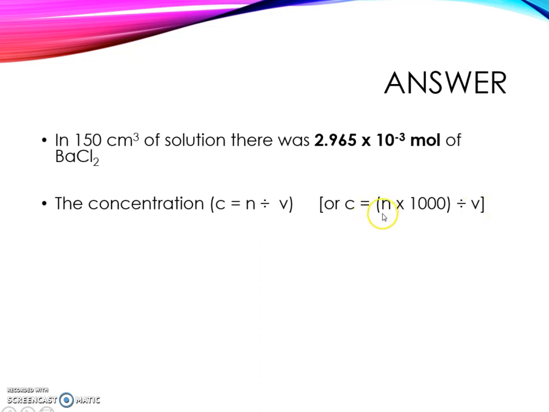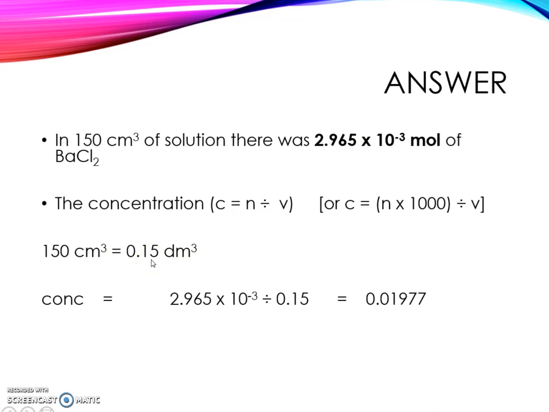Or you could take your number of moles and divide by the volume divided by 1000. It depends how you want to do it on your calculator. I'm going for, for me, the easiest option, i.e. I'm going to separate my calculation out. So 150 cubic centimeters is equal to 0.15 decimeters cubed. And so I'm going to take my number of moles and divide by my volume in decimeters cubed.